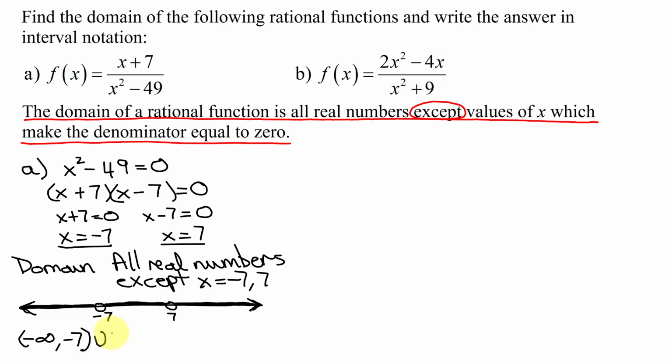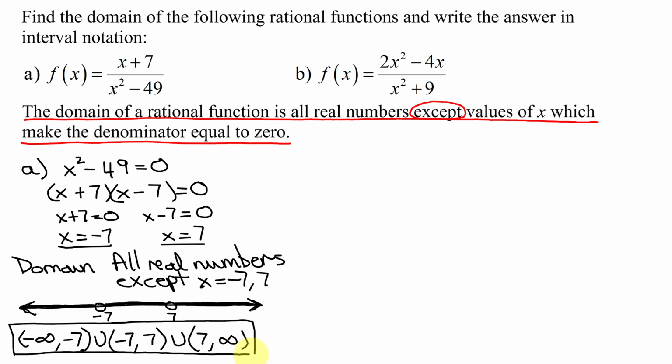Unioned with the next interval, parentheses negative 7 to 7, again with parentheses, unioned with parentheses 7 to infinity. So that is the domain of the first example written in interval notation.